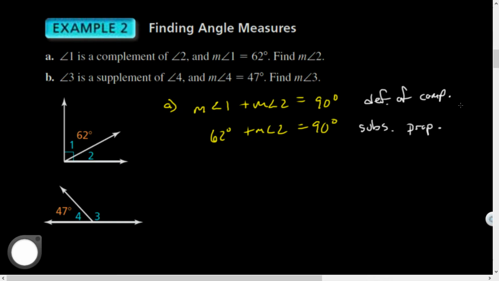If those two things are equal, then I can interchange them at any time. So if measure of angle 1 is truly equal to 62 degrees, then I can substitute it in and replace it, my friends, and you didn't even know. How sweet is that? Okay. Now I've got measure of angle 2 is equal to 28 degrees.